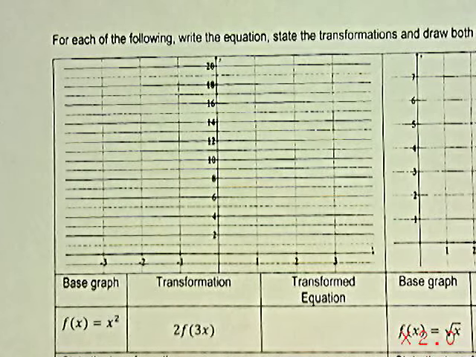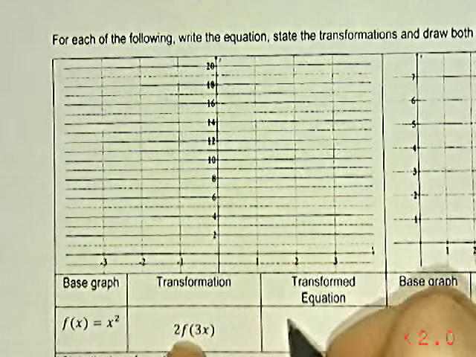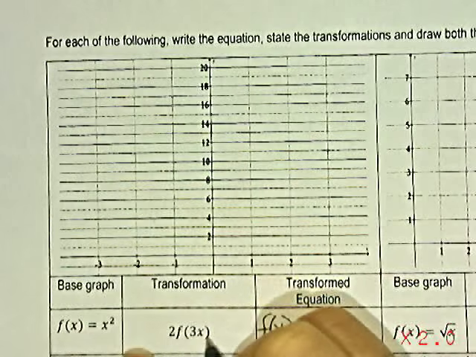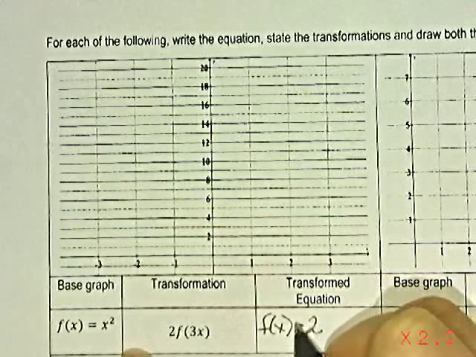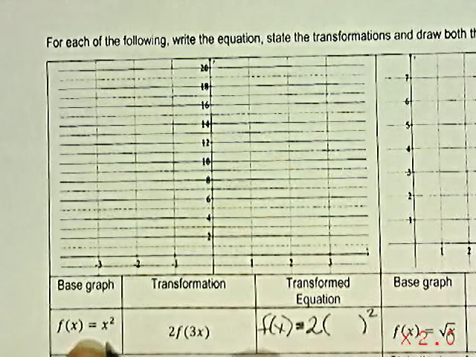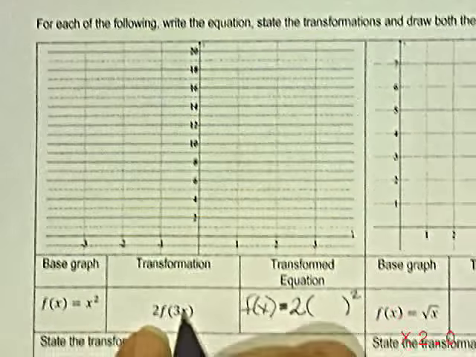And so my transformed equation, if I am going to choose a quadratic equation, I want to multiply in front of my function. So I'll have a 2 out front. And then inside my square, inside my function, I will put that 3.